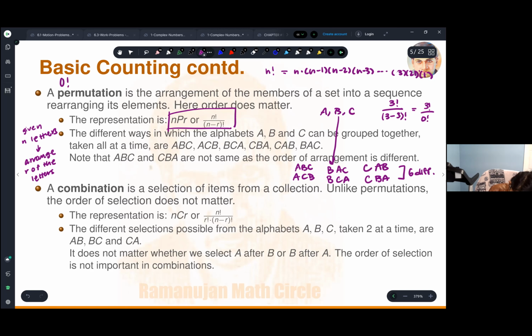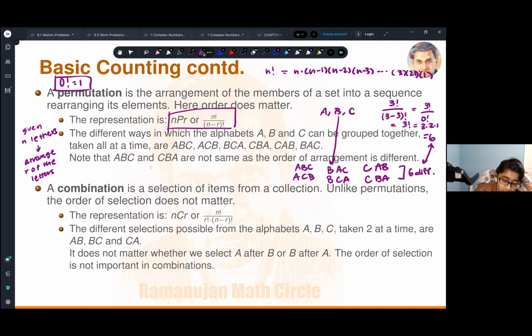And one important thing is 0 factorial is always equal to 1. So I would remember this too. And so it would be 3 factorial, which is 3 times 2 times 1, which is 6. And evidently, these two are matching. So that's the way you go about doing permutations.